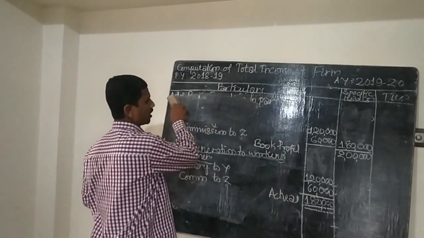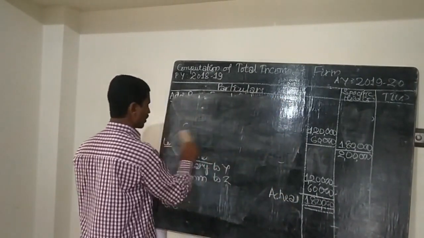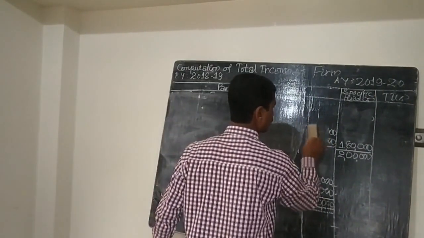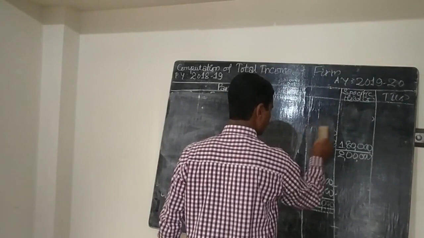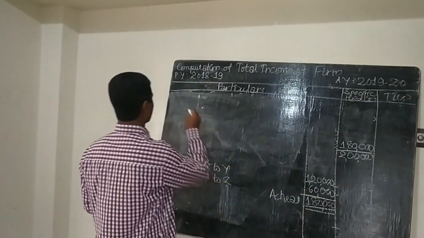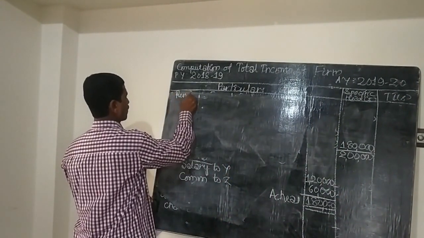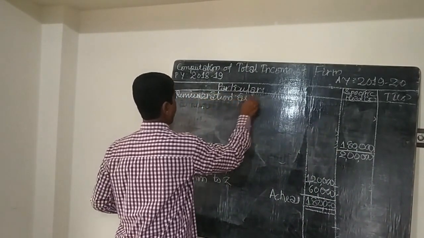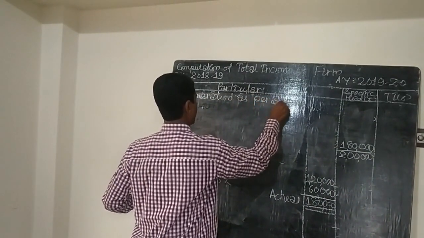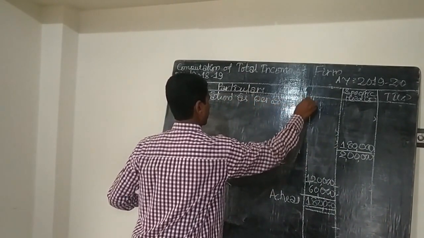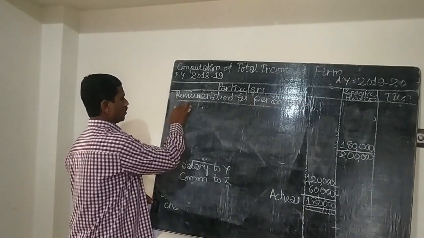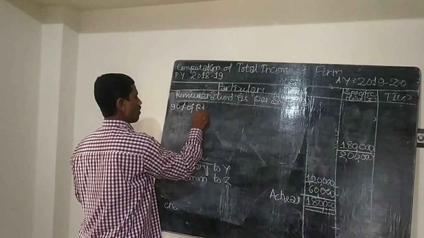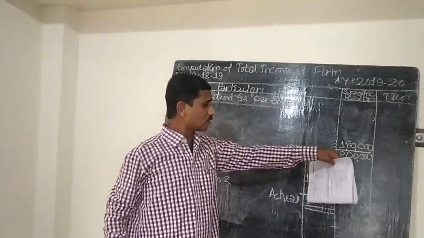So now let us allow the remuneration as per section 40B here. So 90% of book profit. So what is the book profit we have arrived at here? 2 lakhs.